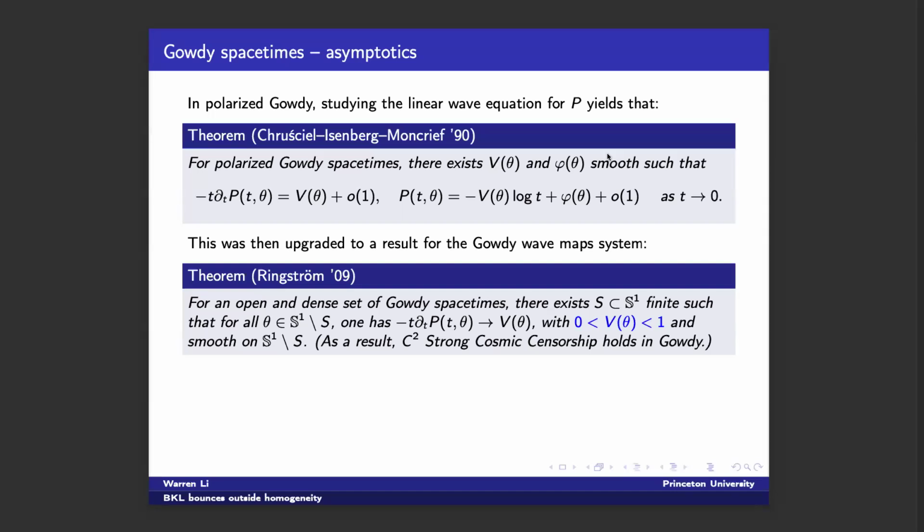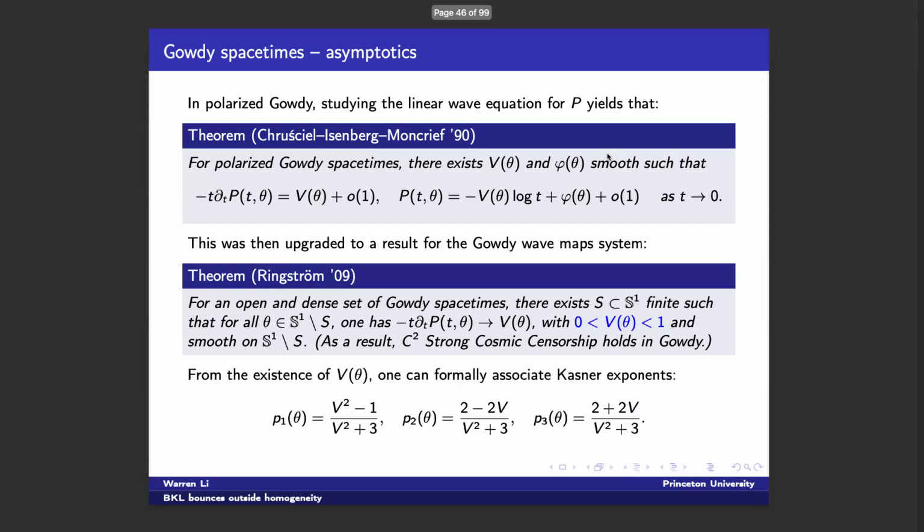Firstly, in these generic spacetimes, this v(theta) is constrained to lie between 0 and 1. And also there is some finite set of special points theta where that doesn't happen. I'll get on to why that is later.